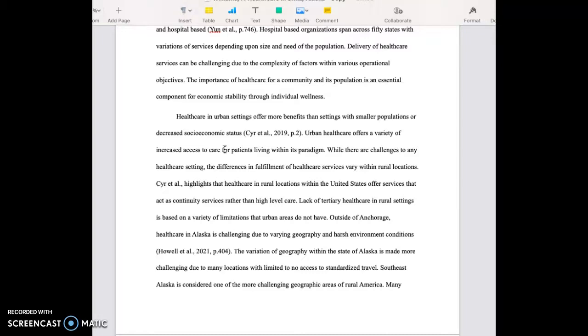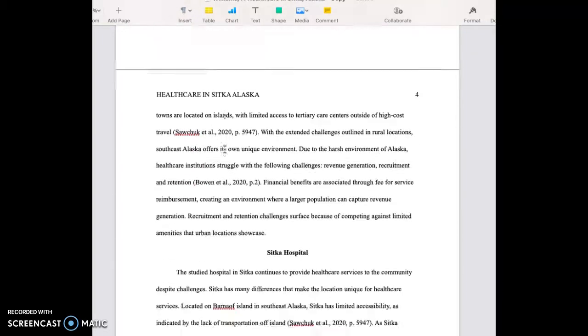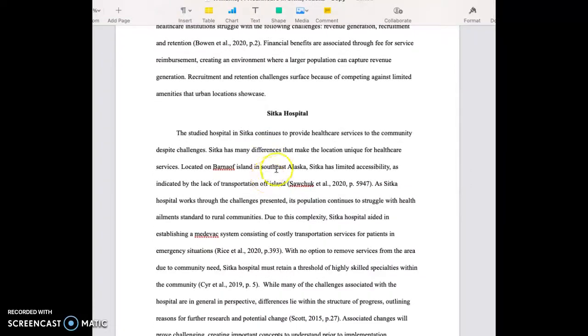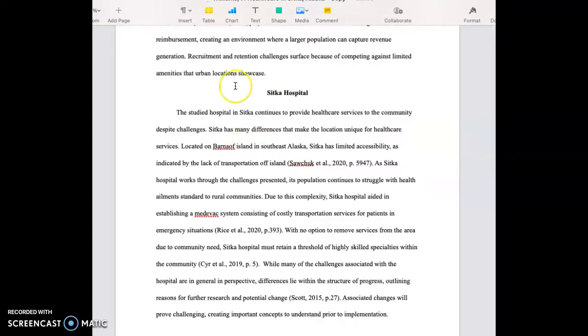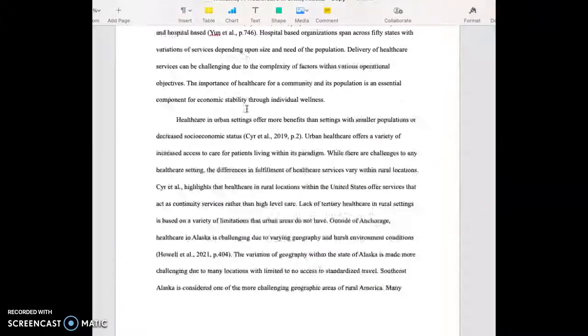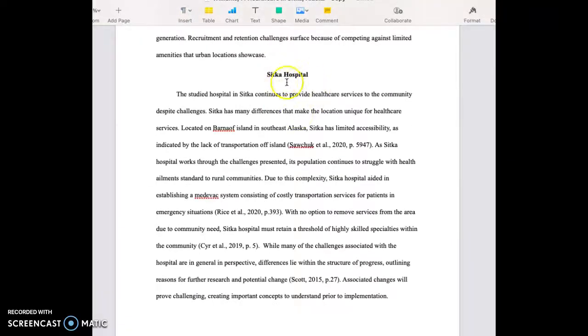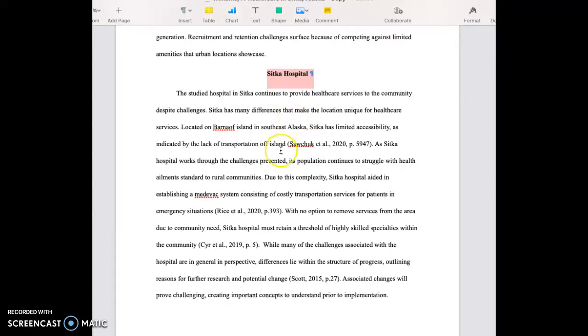So, let me see. When you look at the next thing in relation to APA, you want to take a look at the headers. So this is a level 1 header. So when I start talking about the hospital in Sitka, that's a level 1 header.